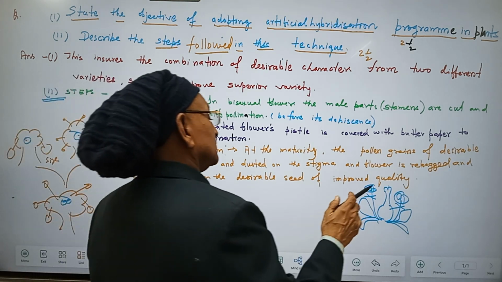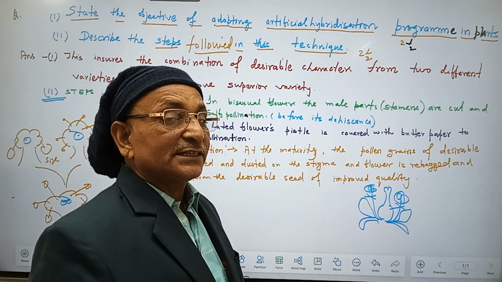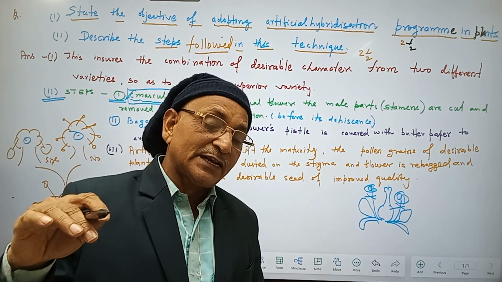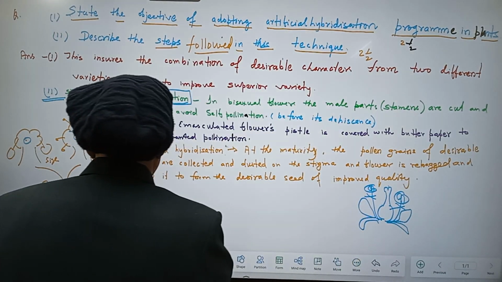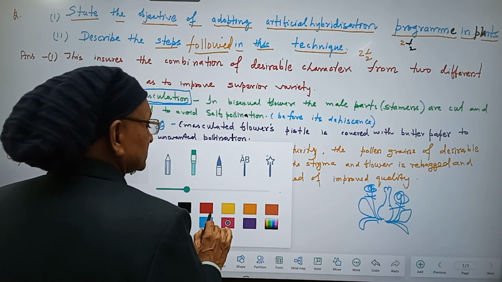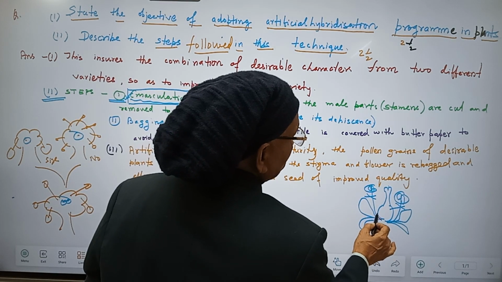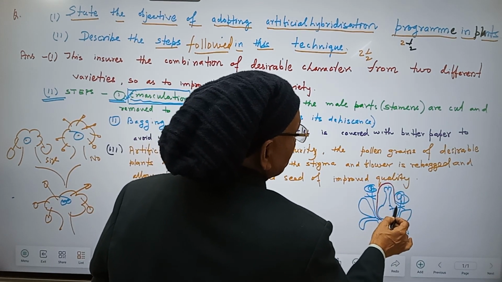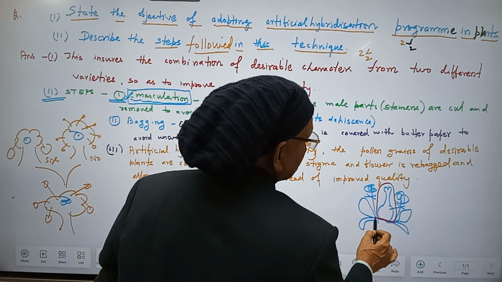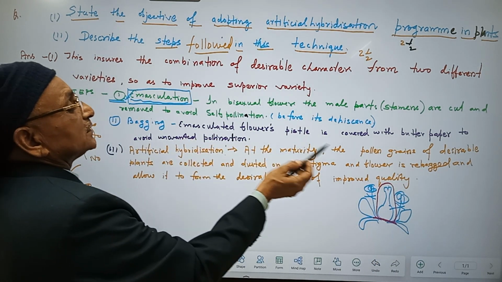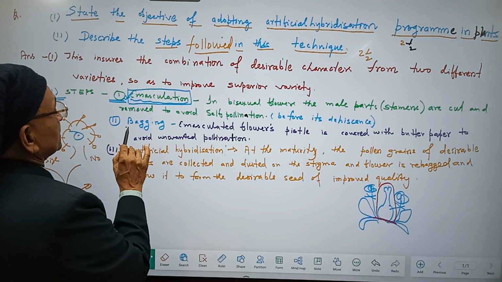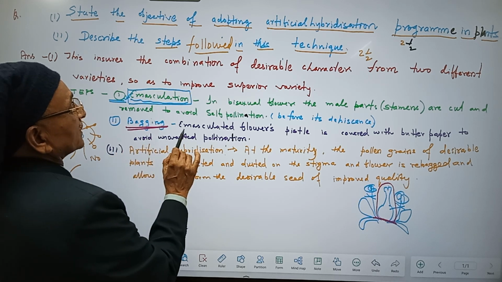Now, it may be possible that pollen grains of the same variety are brought by an insect. So we cover this emasculated female flower with butter paper, tie and cover the female part in order to avoid unwanted pollination. That is called bagging.